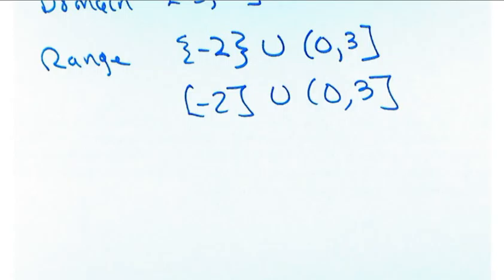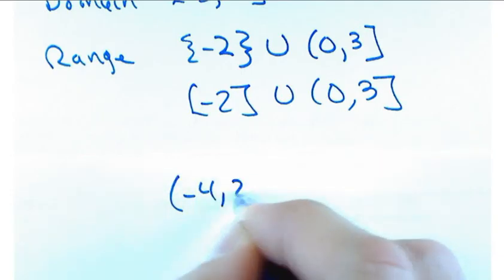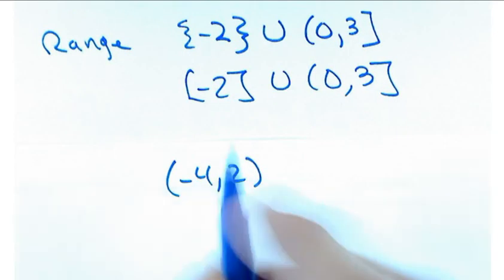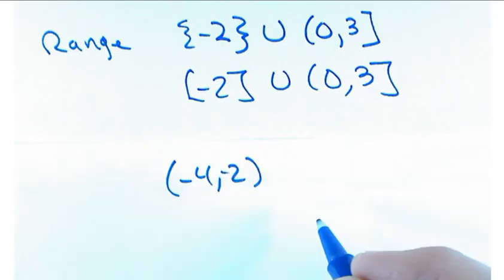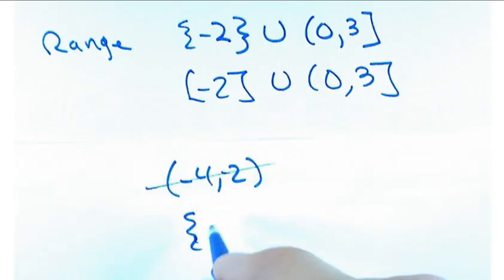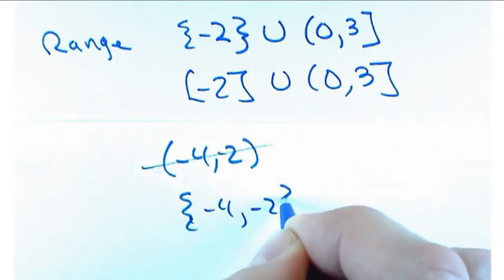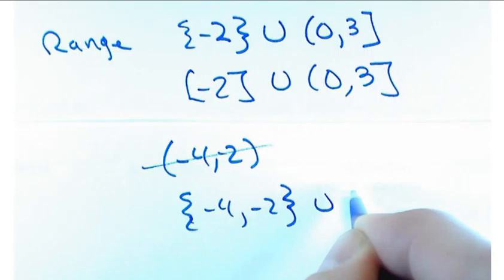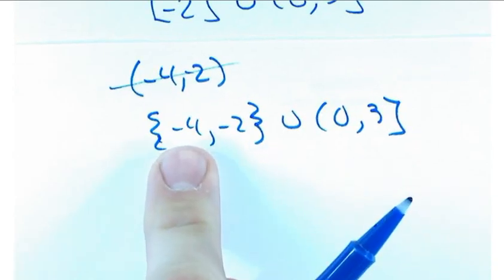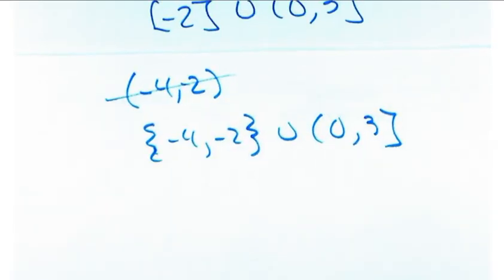So the way you would write it if you had another line at -4 would be -4, -2 union 0, 3. This says it's a set. You're just listing these rather than an interval, where you want everything between. But I probably wouldn't give you anything quite that messy.